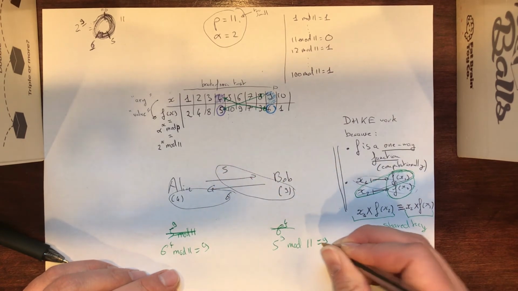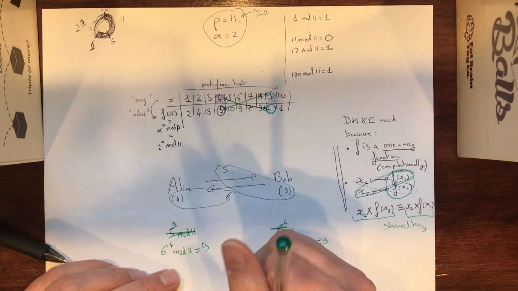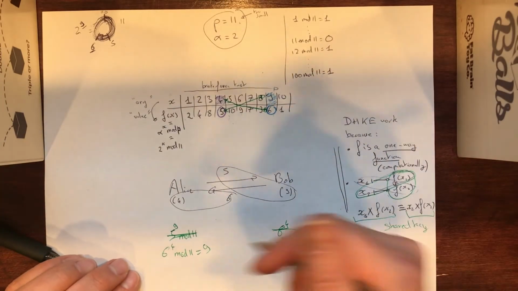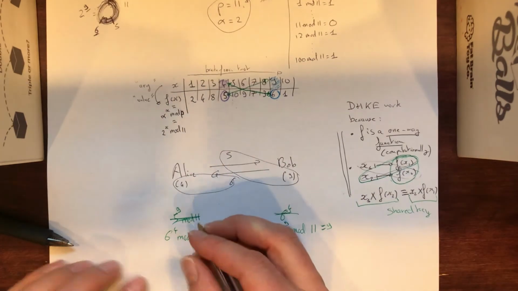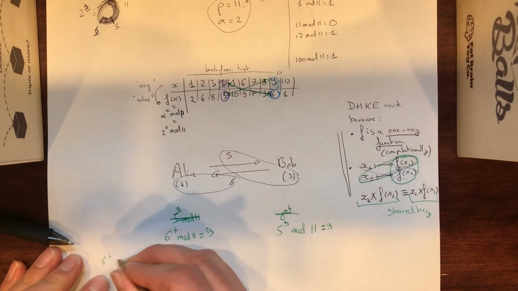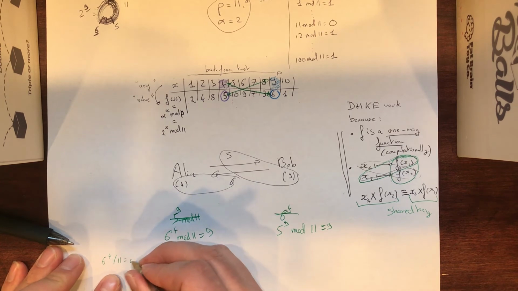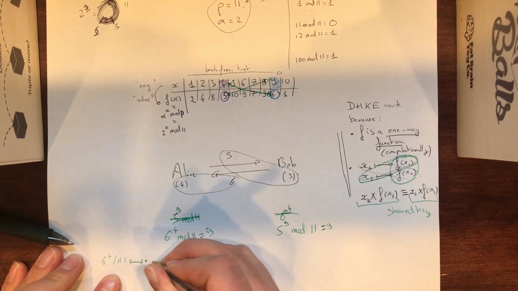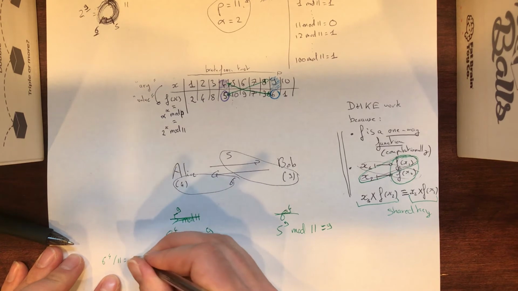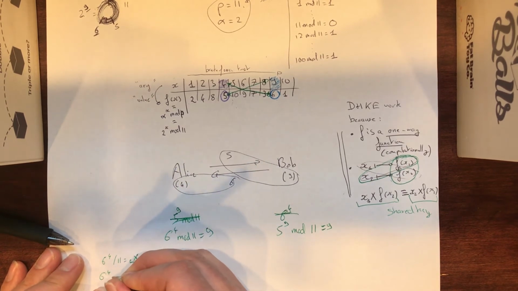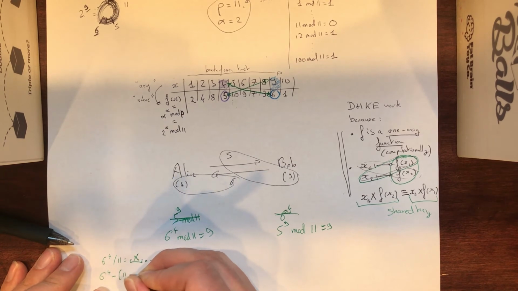I mean, this you can compute with the calculator. It's not too hard. What you do is you do 6 to the power of 4 divided by 11, and you take the number before the comma, and then you take this number x and then you do 6 to the power of 4 minus 11 times x, right?